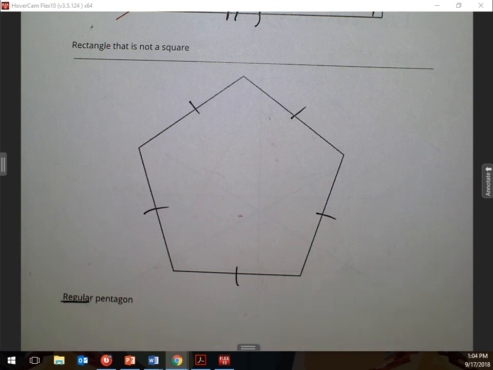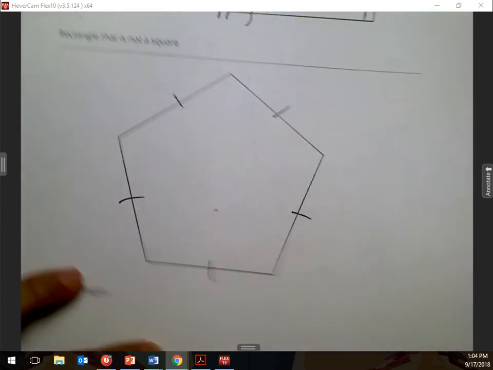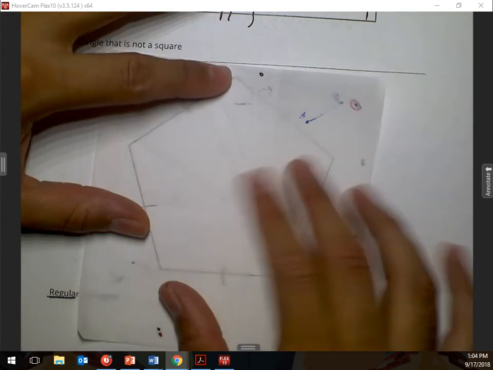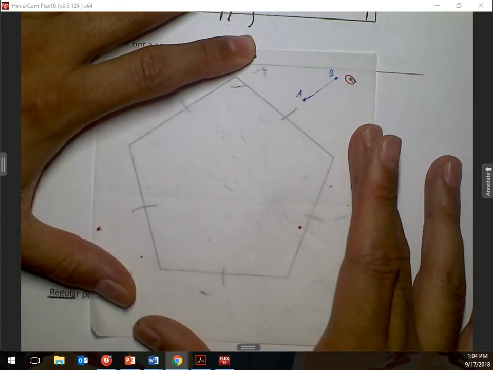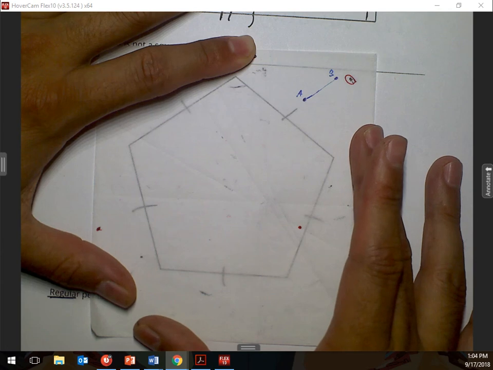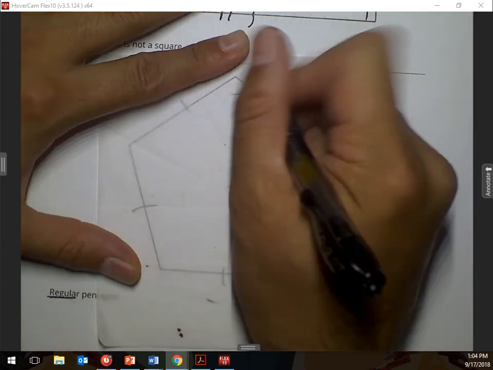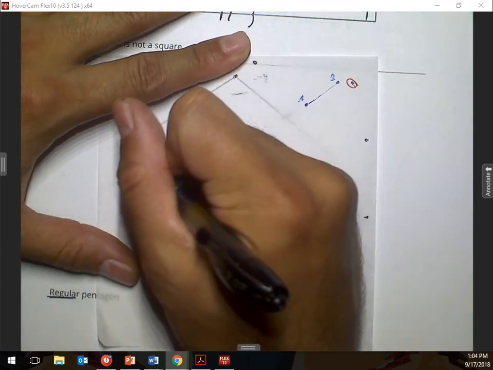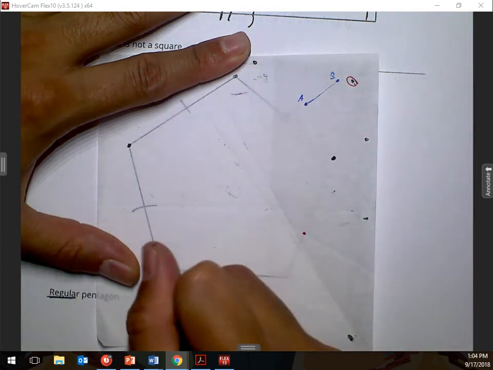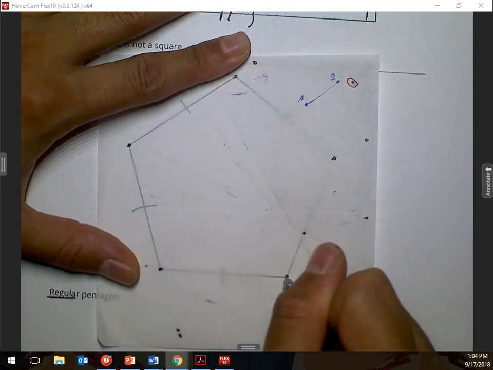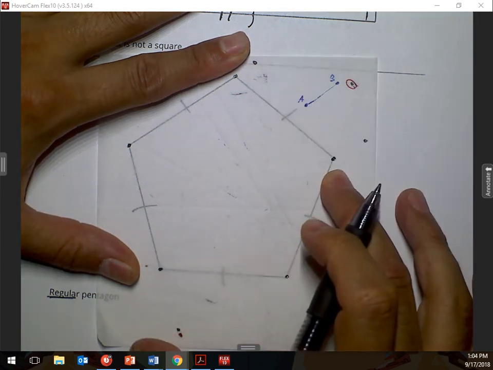I'm going to start with the lines of symmetry. So if I do this right, let's see. If I put this one there, there, and there, and there we go. Okay. So I use this right here.